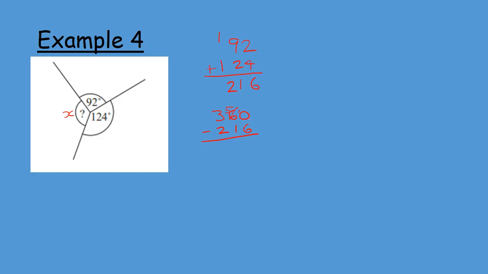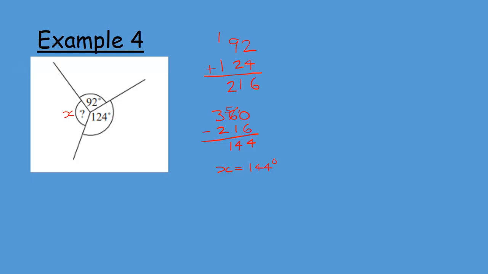So we've got 10 here. 10 take away 6 is 4. Then we've got 5 take away 1 is also 4. And then we've got 3 take away 2 is 1. So we know that X is 144 degrees.